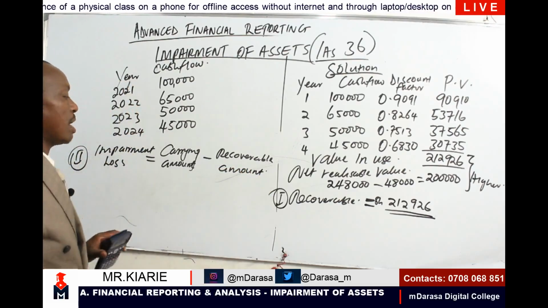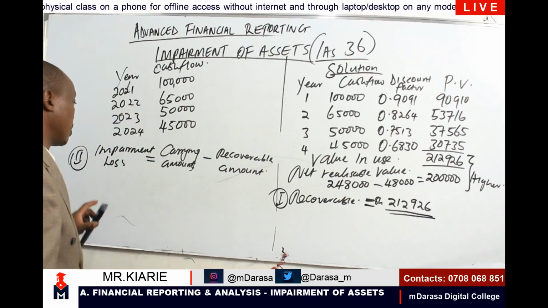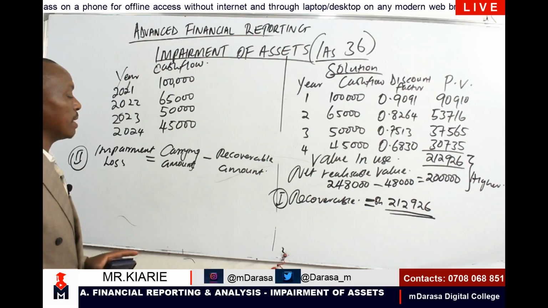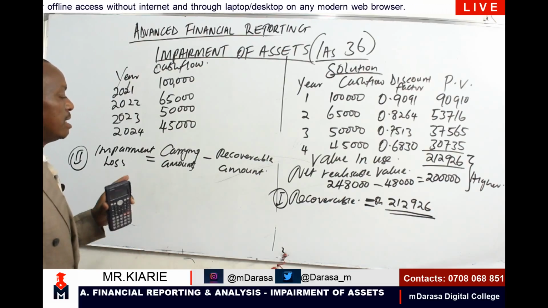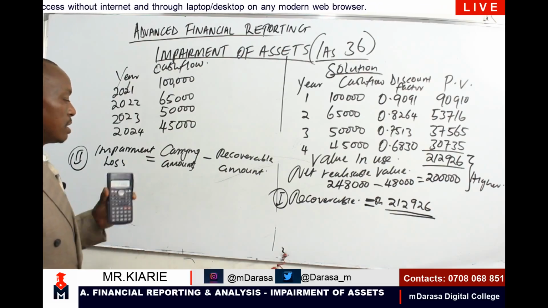We said from our introduction part of the topic that carrying amount is simply the net book value of an asset, which is cost minus accumulated depreciation.